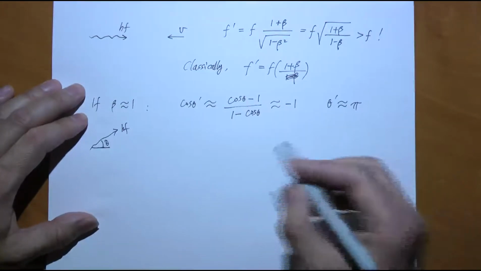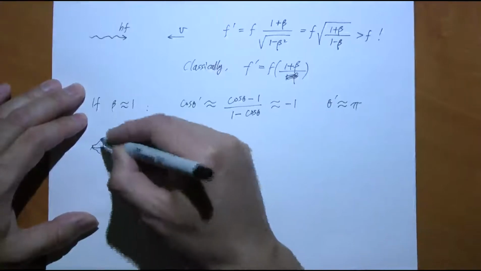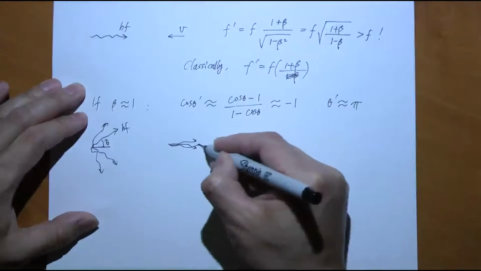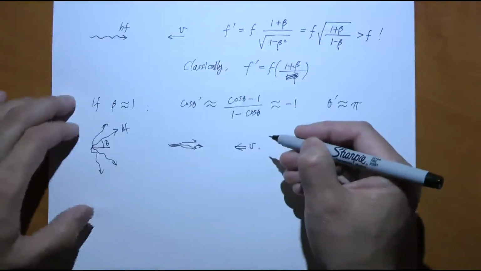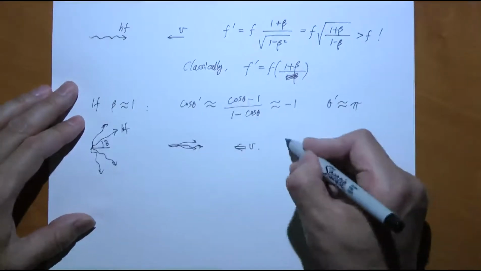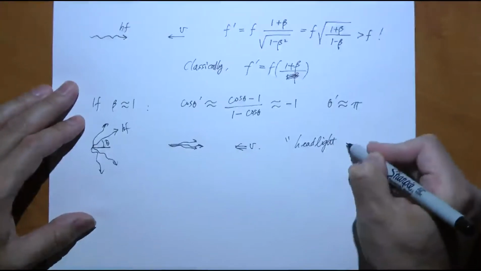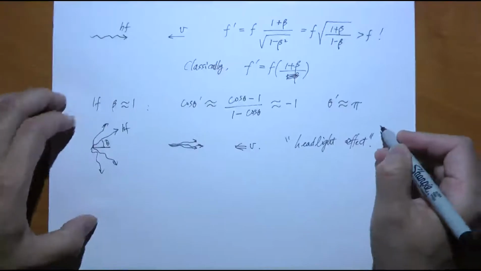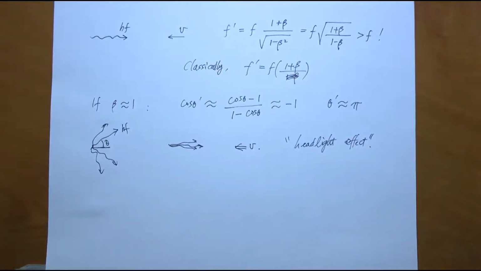So basically this beam becomes highly concentrated. If the original beam is in a variety of directions, this beam becomes highly concentrated if you move at high speeds towards the source. So the beam becomes very narrow, collimated. This is called the headlight effect. This is something unique for high-speed propagation.